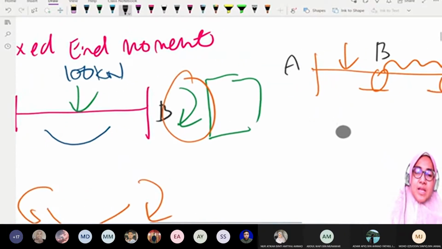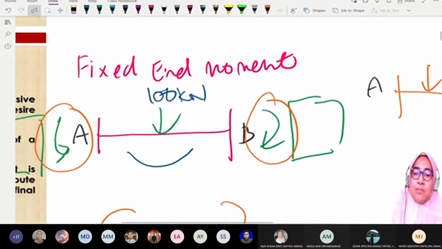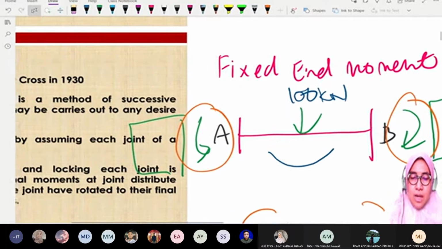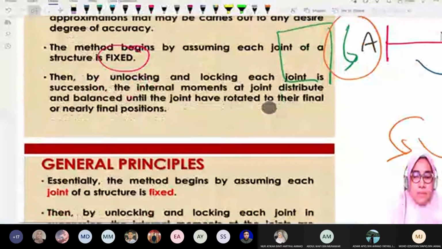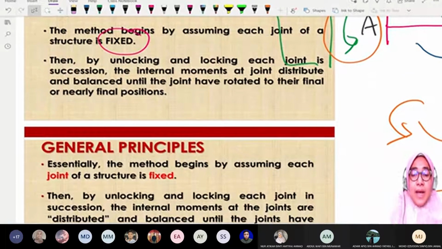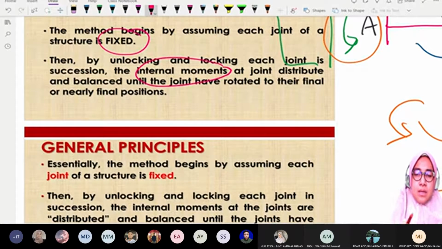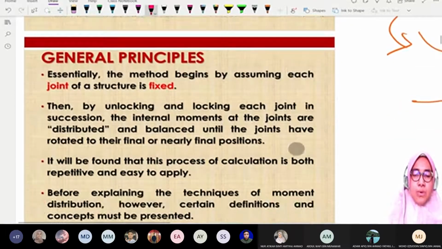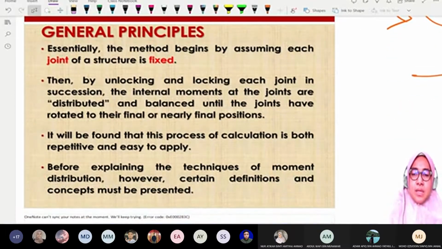That is why we can apply fixed end moment, the formula for fixed end moment. And the member end moment is actually the internal moment. The principle is assuming a joint is fixed.